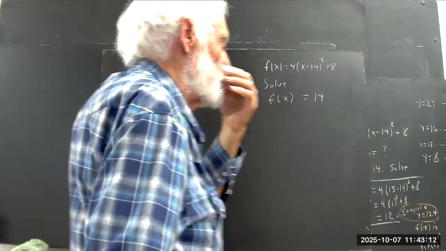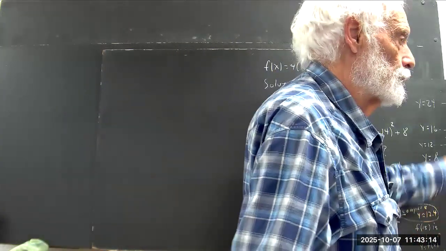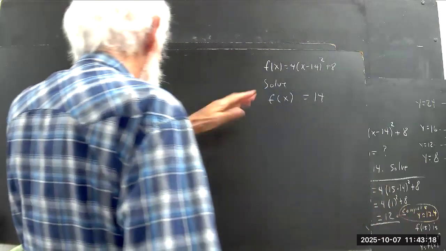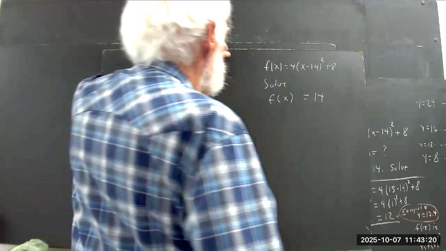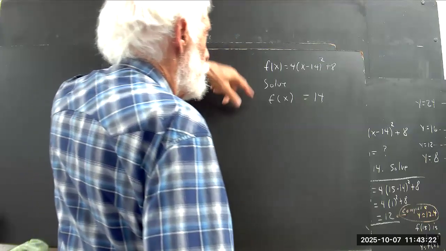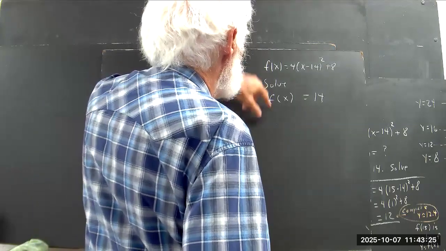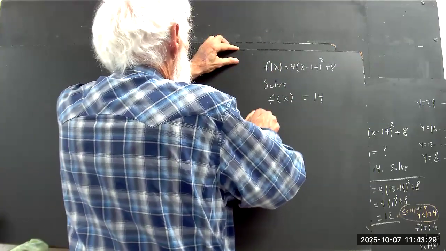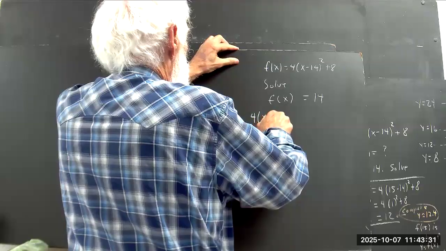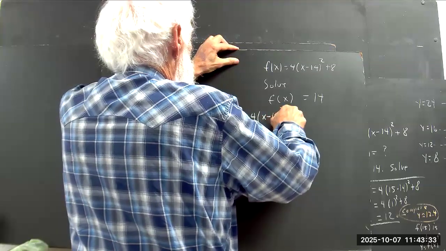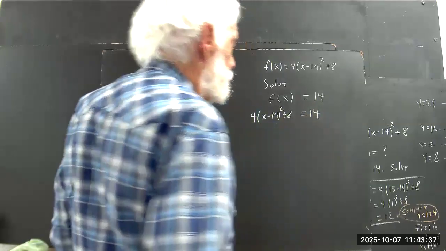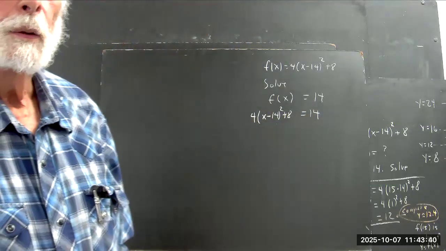We've already estimated that it ought to be about 12.7 or 15.3. You can't see that because the board's off the screen. How do we solve this? Well, first we have f of x equals this. So we can say that 4 times x minus 14 squared plus 8 equals 14. Now we solve that equation.